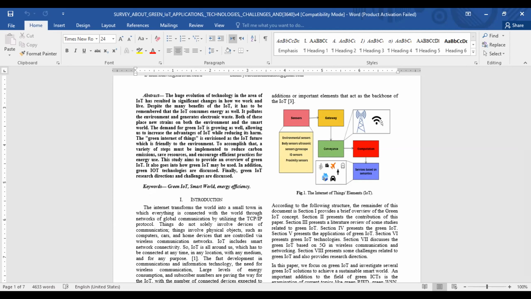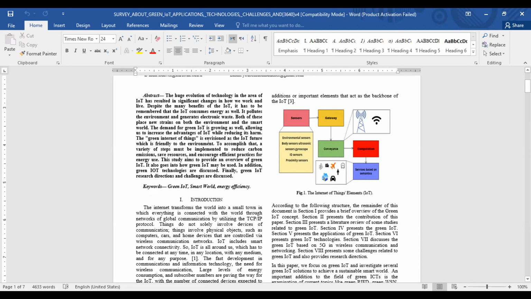So we would like to have a green IoT. Because IoT consumes much energy, it pollutes the environment and generates electronic waste. Both of these place a new strain on both the environment and the smart world. The demand for green IoT is growing as well, allowing us to increase the advantage of IoT while reducing its harm.